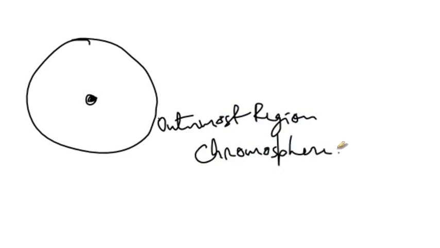This is the outermost region, and it has very low density. Not only that, it is cool enough for electrons to be bound to nuclei over there. So you can find atoms here, but you will not find atoms over there. There, only nuclei and electrons separate will be there. But here we will have atoms.